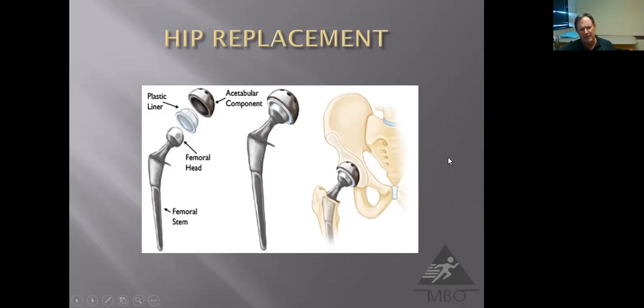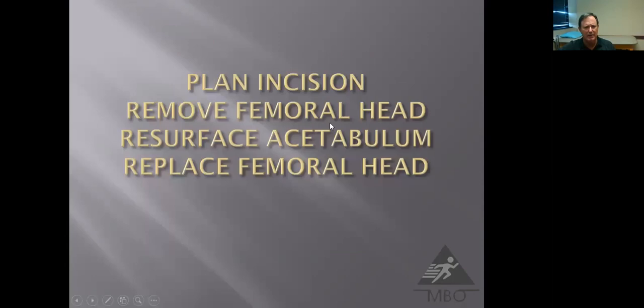And all hip replacements, since the operation was approved back in, I guess it would be 1968 or '69 when the FDA approved it in the United States, are basically variations of the same thing. You make an incision, you remove the femoral head, you resurface the acetabulum, you replace the femoral head. So whatever marketing you see about some new improvement, every total hip replacement is done that way. That's basically what they're doing.